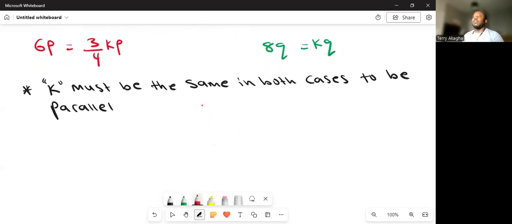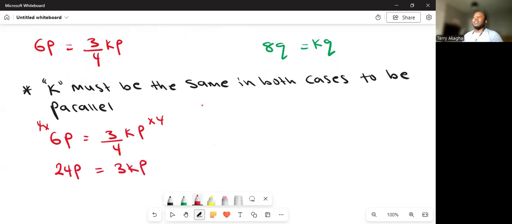So we have 6P is equal to 3/4 KP, all right? Now, in order to get rid of this fraction, I'm going to multiply both sides by 4. That gives me 24P is equal to 3KP.